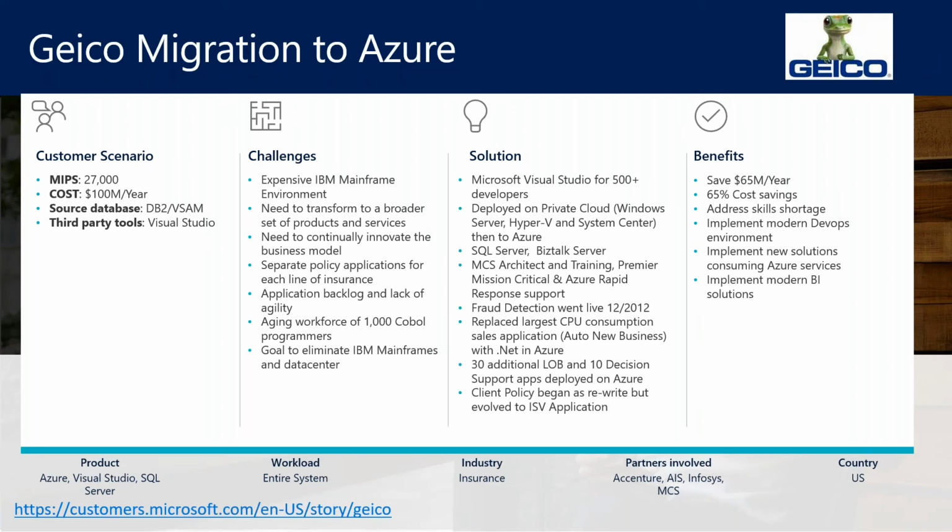As they started the rewrite process, they started with some of the smaller applications first, fraud detection, auto new business, and they were able to get those deployed initially on-premise on x86, Windows, and SQL, and then move them to run in production in Azure. They've now completed the rewrite of the vast majority of their applications, and they're using Duck Creek from Accenture for the policy management system. So a good combination of rewrite, but also using packaged cloud-based apps for these solutions. Next slide.